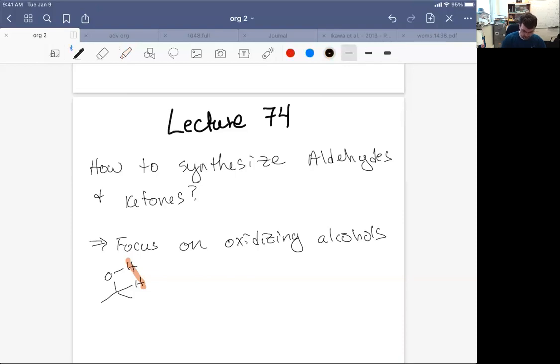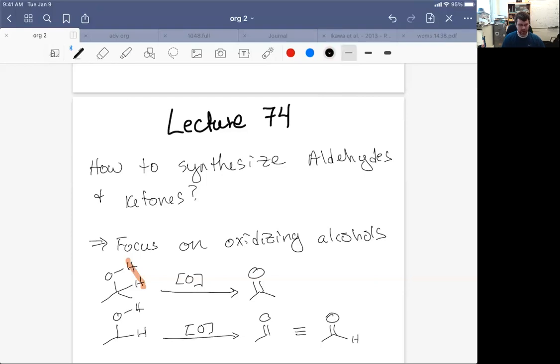I'm going to have a generic reaction with an O in brackets to indicate an oxidation process to give rise to, in this case, a ketone. The same thing could be done with an aldehyde, where we have two hydrogens drawn, and we get something like this, which is equivalent to my preferred approach to drawing aldehydes with that aldehyde CH actually written.